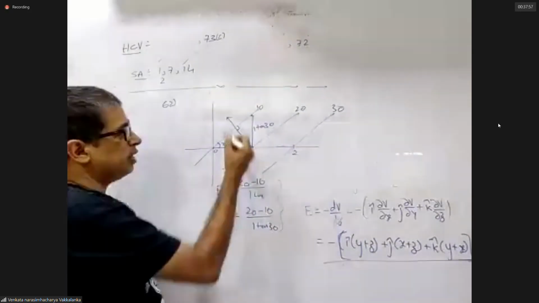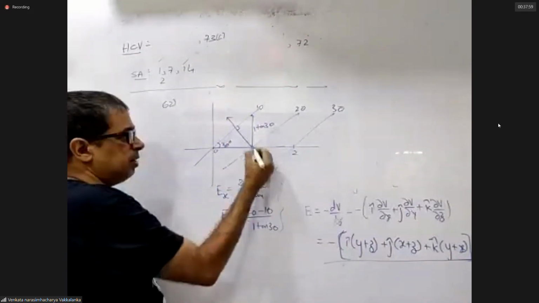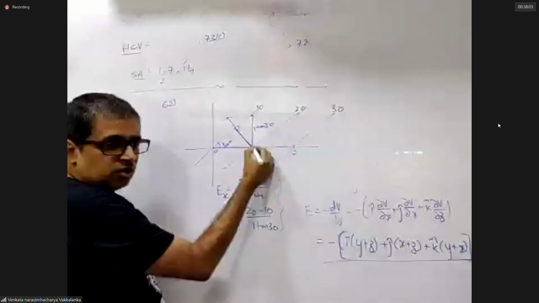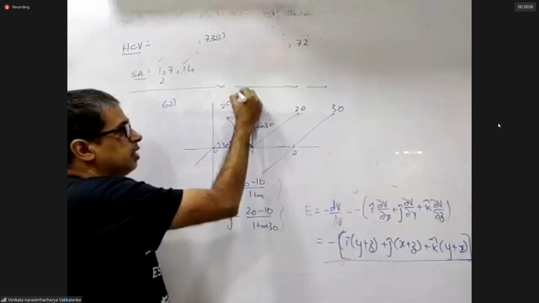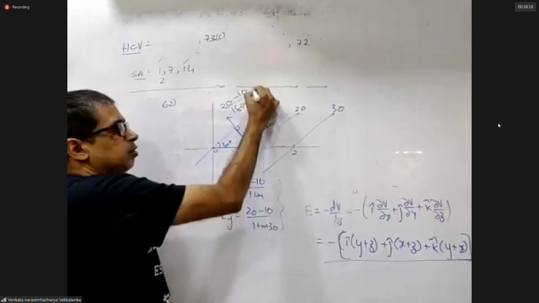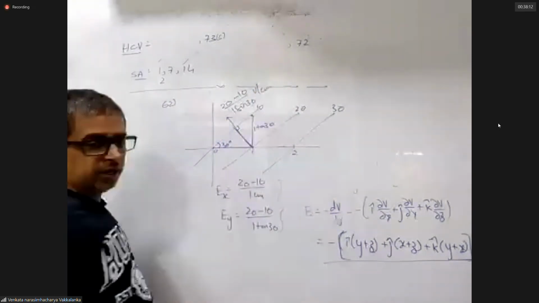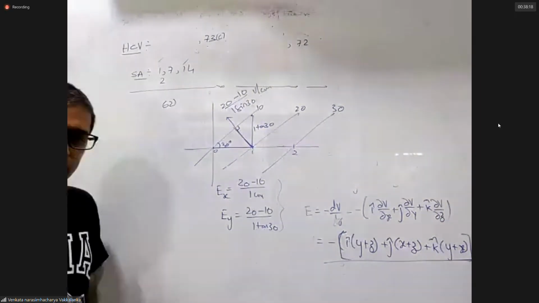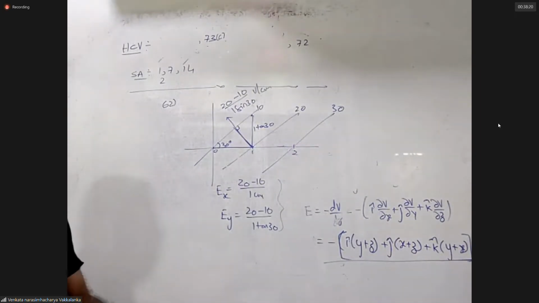So once you know the direction, the resultant field will be 20 minus 10 divided by this distance, 20 minus 10 divided by 1 sine 30. So many volts per centimeter is my field. Is the logic clear?